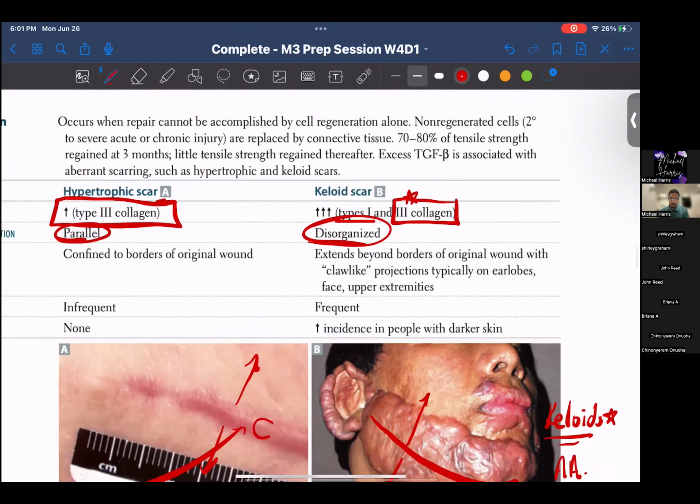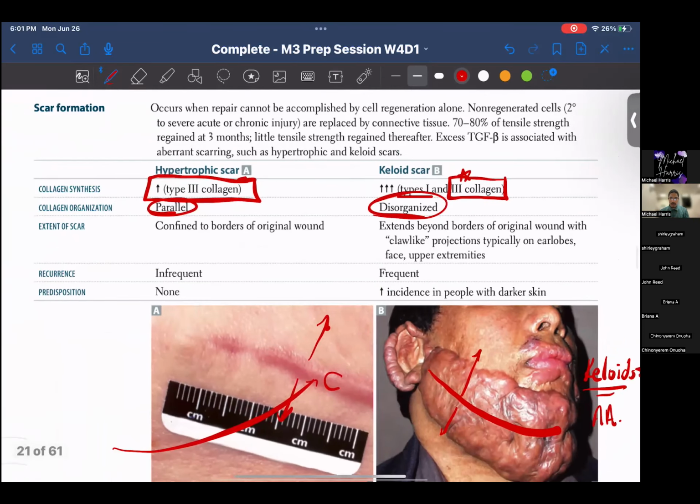Any questions on these? We good? Yes, no, maybe so. Okay. So let's take a 4-minute break because we're right at 6.